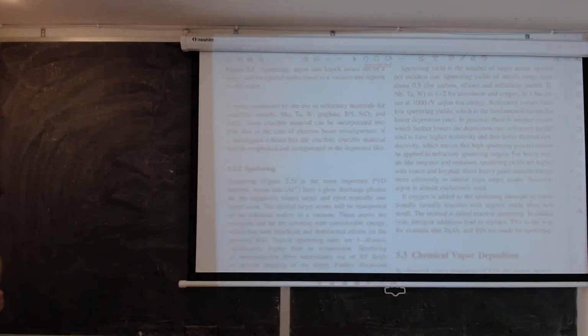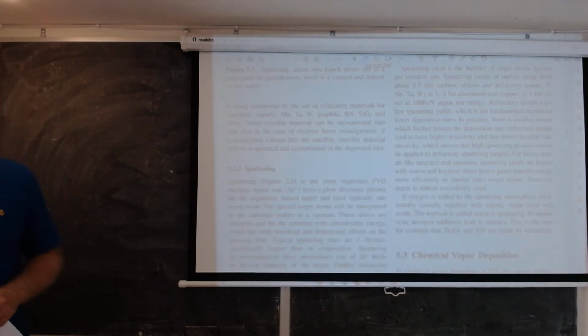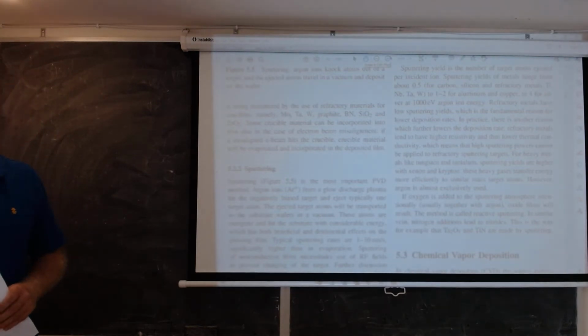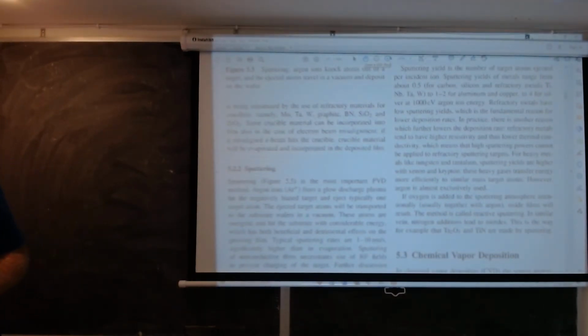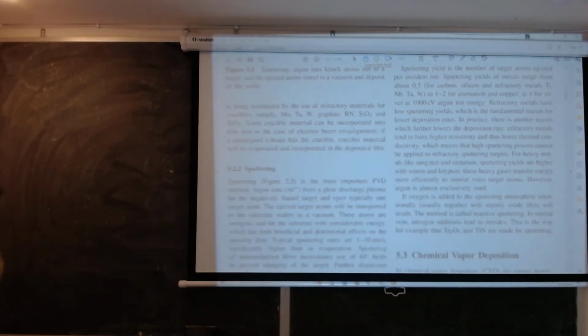So we're going to start off where we left off last time, which is discussing how to deposit layers of material, whether they be metals or dielectrics, and where we left off was with physical layer deposition, which is basically either evaporation or sputtering.